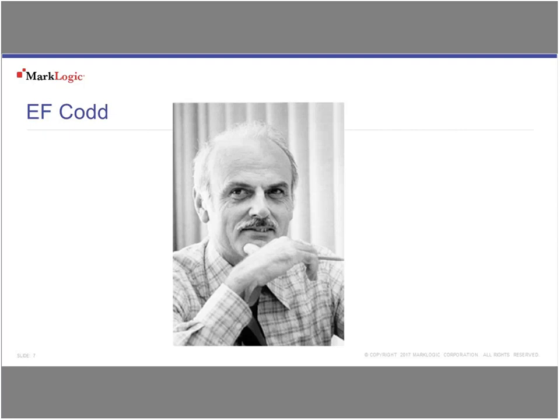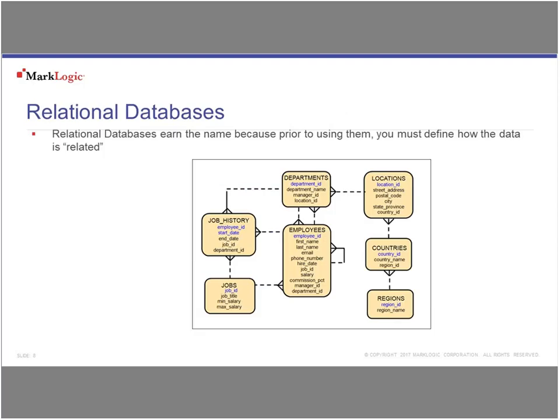So he said, if we could take the data and establish the relationships up front, this is the old Scott Tiger schema you might have learned Oracle with, then we could create a structured query language to go in, interpret the data, and construct queries. This is how we all learned database technology over the last 30, 40 years.